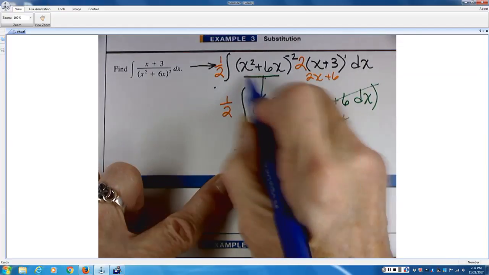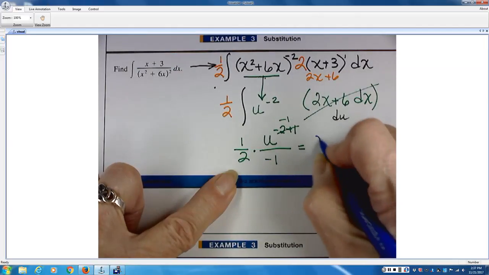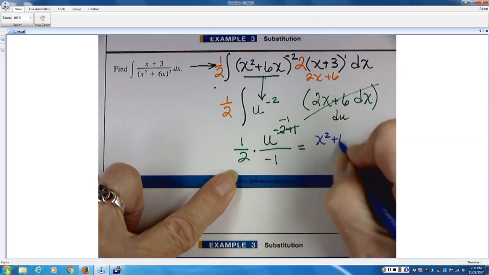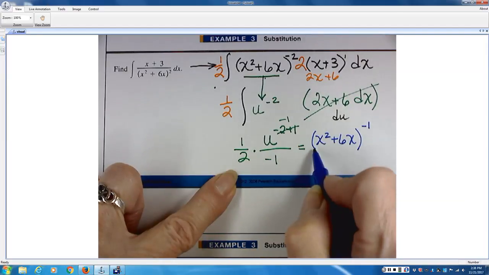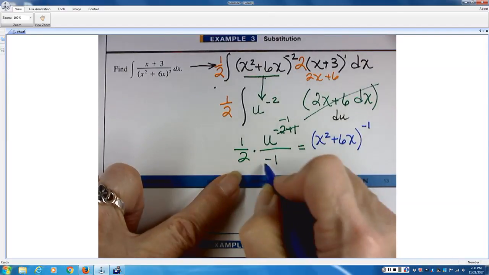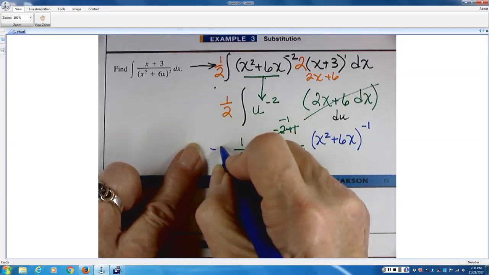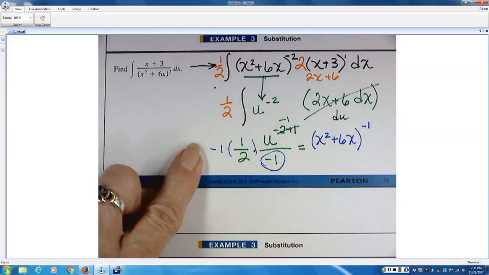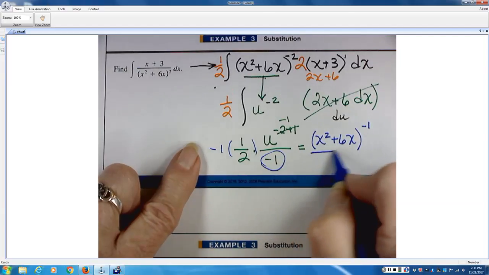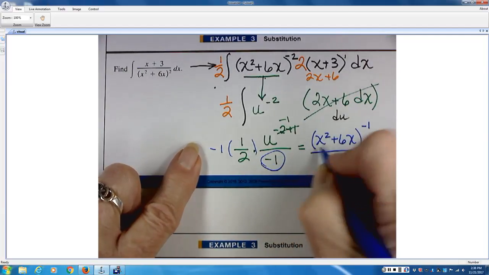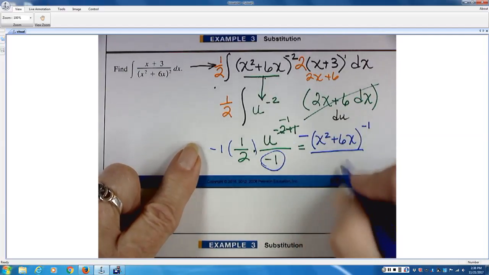U is x squared plus 6x to the negative 1 power over negative 1, which I'm going to pull that negative 1 out here and just change that 1/2 to being negative. And negative 1/2 times this is the same as saying the opposite of that over 2.